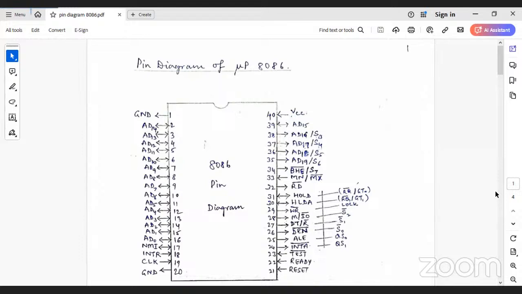Now, there are tables in your material, S2, S1, S0, for 3 different conditions. For 3 different signals, there are some conditions, what value it will hold, and depending upon that, the operation is there. So, all those different tables which are there for minimum and maximum, you put and you write. That much is enough for your 5 marks question.